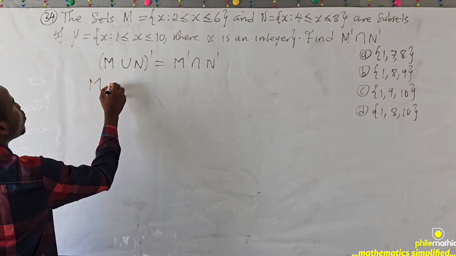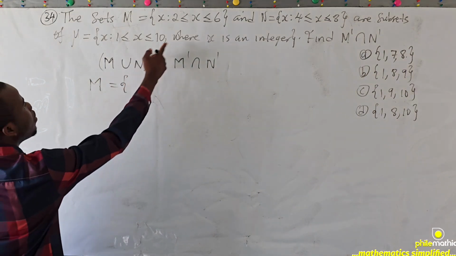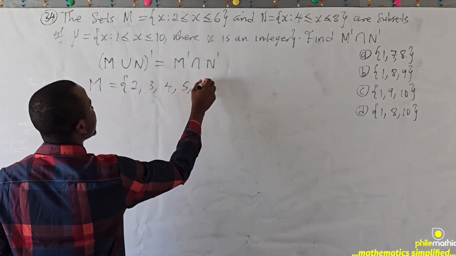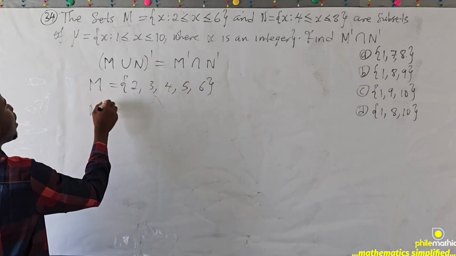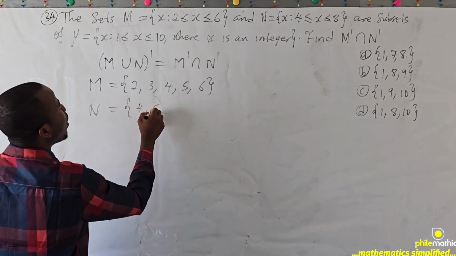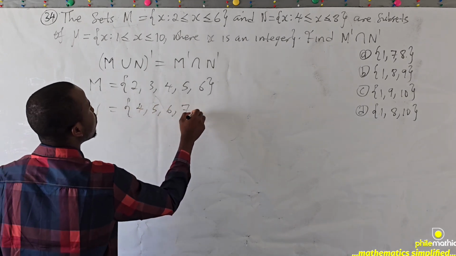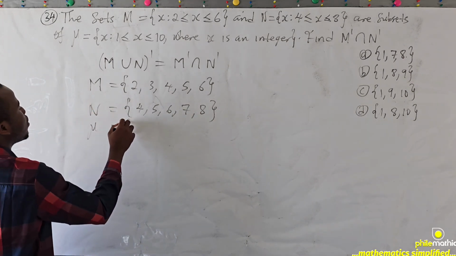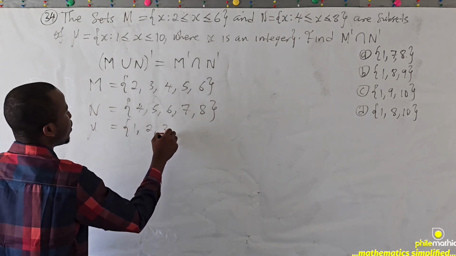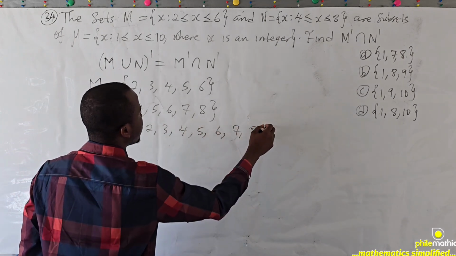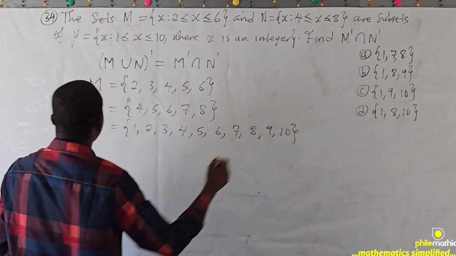M are those sets from 2, 3, 4, 5, 6, and N are those sets from 4, 5, 6, 7, 8. And our universal set mu are 1, 2, 3, 4, 5, 6, 7, 8, 9, 10.